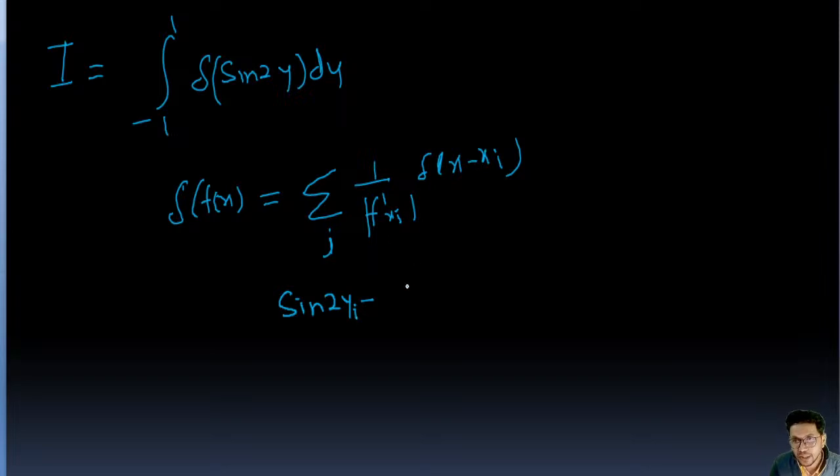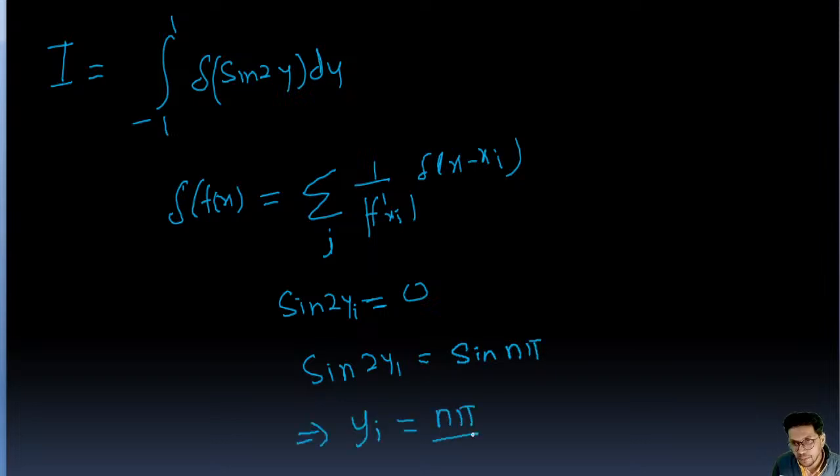So sine 2yi is going to be sine n pi. That implies yi is going to be n pi by 2, where n equals 0, plus minus 1, plus minus 2, and so on.